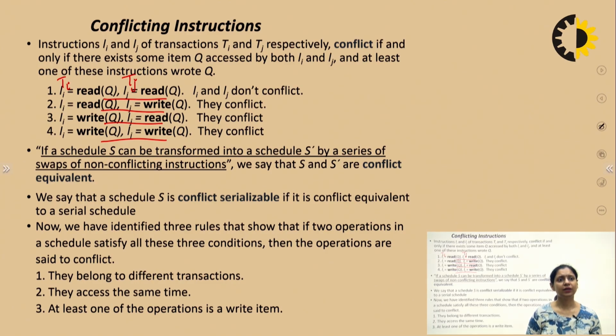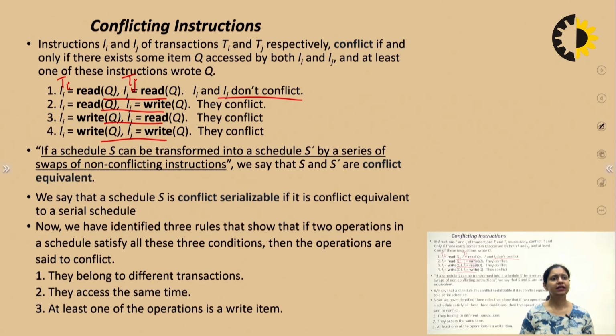Conflict arises when there is a write instruction included in the schedule. So when both transactions have read instructions, they will not conflict. So here Ii and Ij will not conflict.